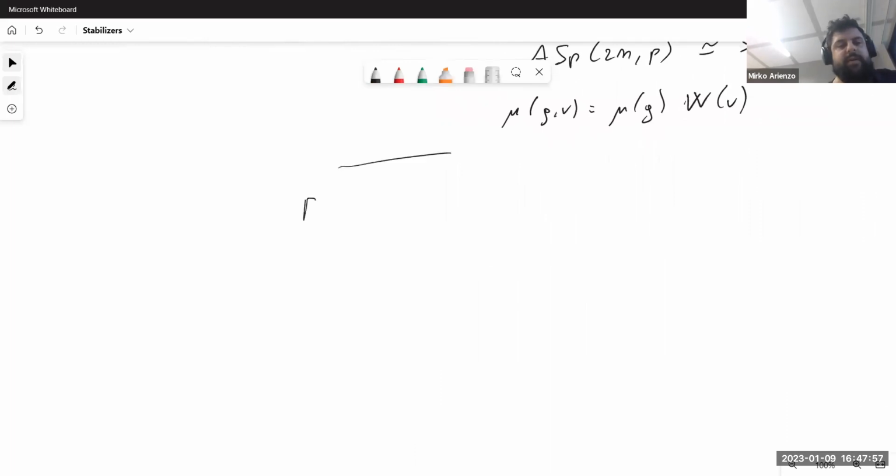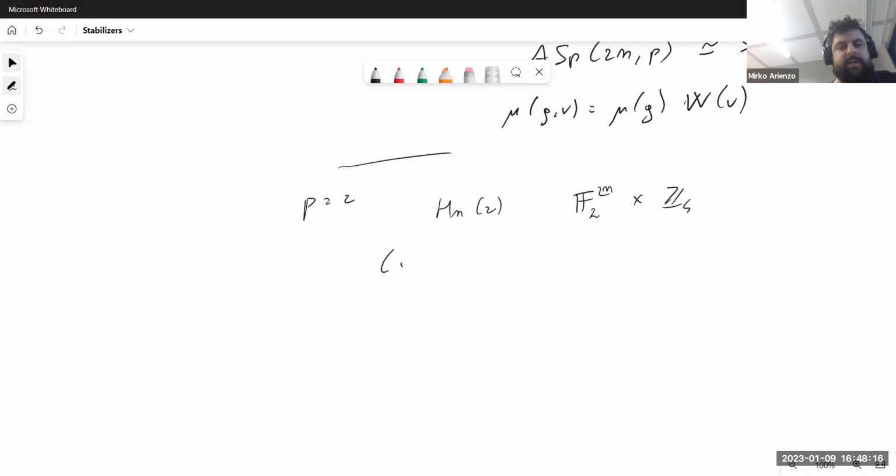Makes things a little more clear. So when p equals 2, the Heisenberg group is just the group of points in the discrete phase space, and then we have Z4.